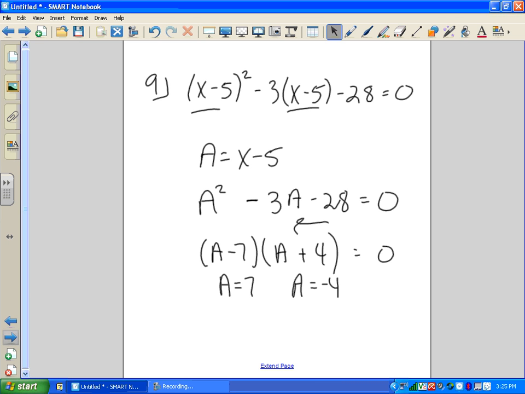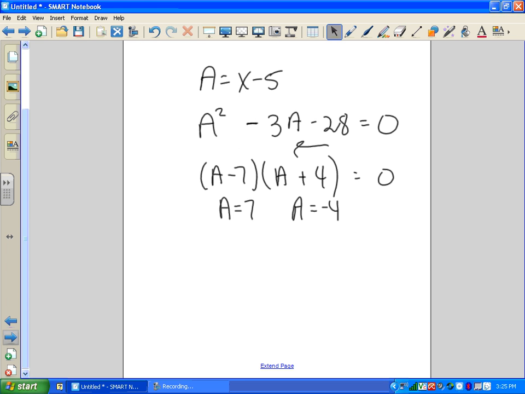Now, that's not the solutions to my equation. That was a variable a that I sort of introduced, or kind of made up there. So what I need to do is to find x. So recall that a was x minus 5. So I'm going to say that x minus 5 now equals 7, and x minus 5 equals negative 4.